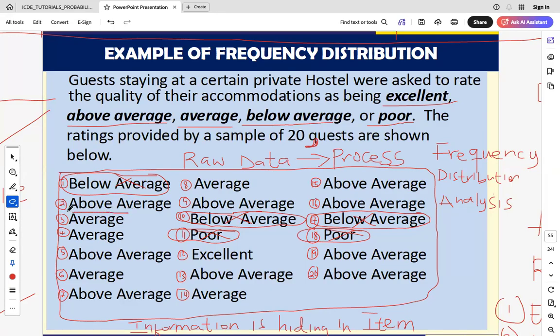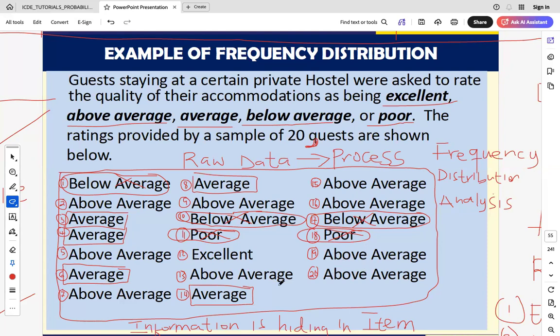Average, I see the first one here, average. And then I see the second one here. So this is number 2, average. This is number 3, average. This is number 4, average. This is number 5, average. And I think that is all.